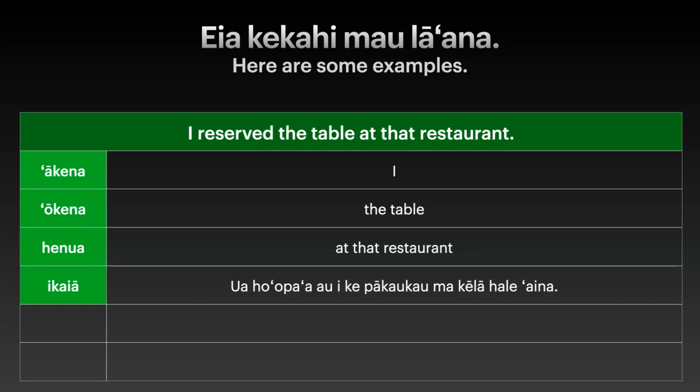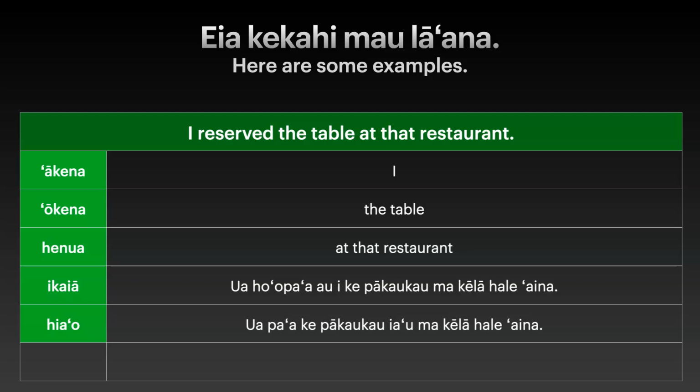Okay, hamani, and then the ʻAkena, and then the ʻōkena. The hia'o, we have to start with an a'ano, ua pa'a, and then what was pa'a? Ke pākaukau, the ʻōkena. Then the ʻAkena, ia'u, and our henua, ma ke la hale aina.